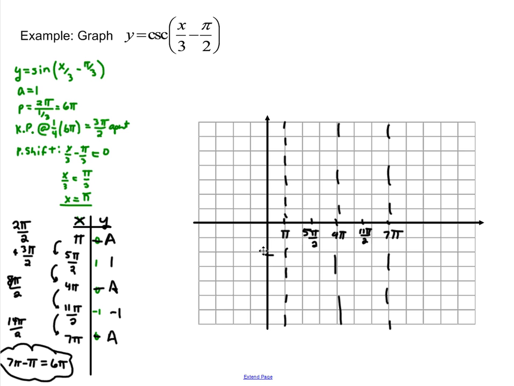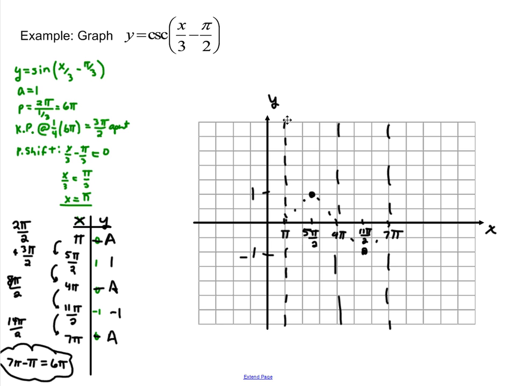Our y values: here's 1, here's 1, and here is negative 1 down here. Y-axis, x-axis. So within one cycle, if we follow along what that sine function does along with its phase shift, we can see at 5 pi over 2, y is equal to 1. At 11 pi over 2, y is equal to negative 1.